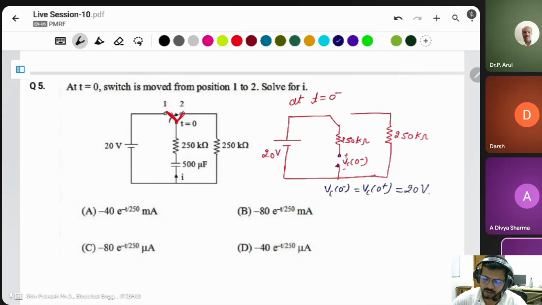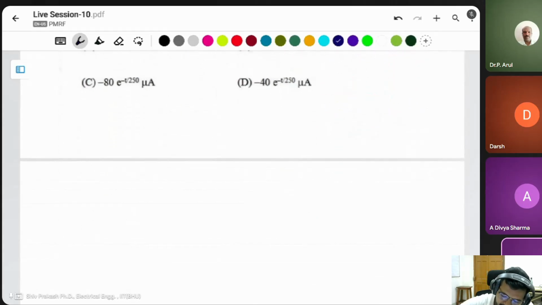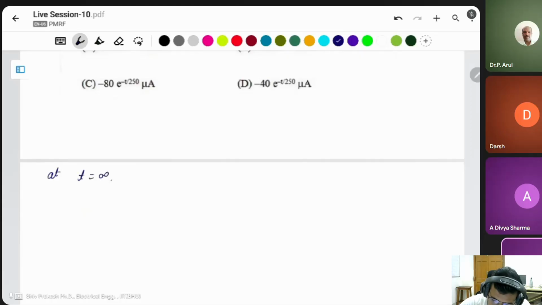Okay. Now at t equal to 0, switch is moved from 1 to 2. Then what is the circuit? At t equal to infinity, this is again open circuit, but switch is closed like that.